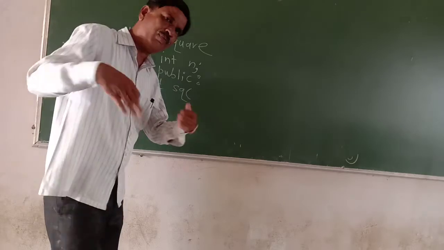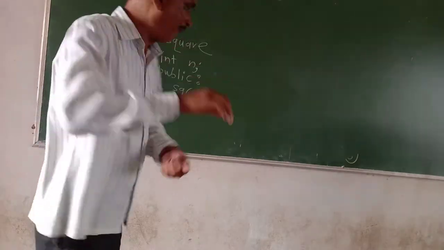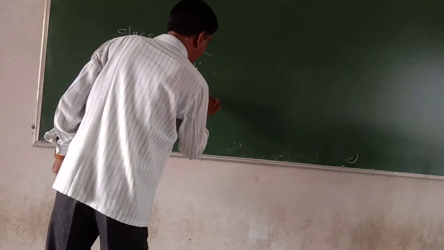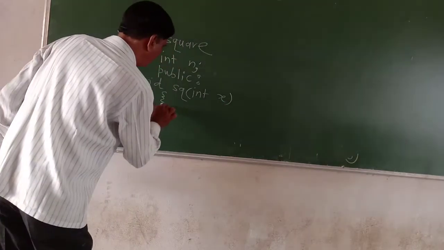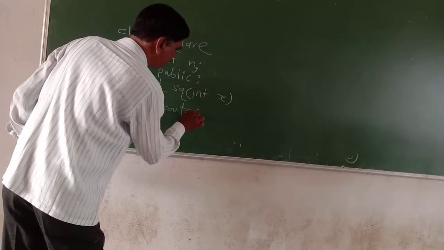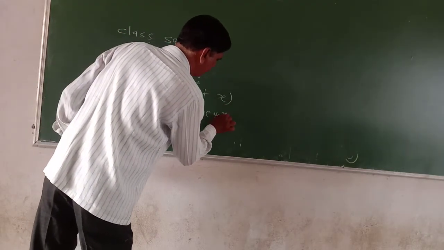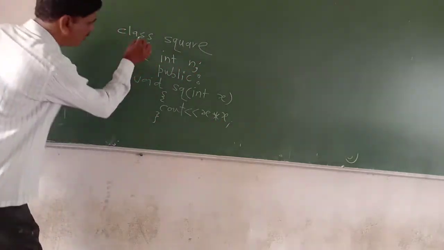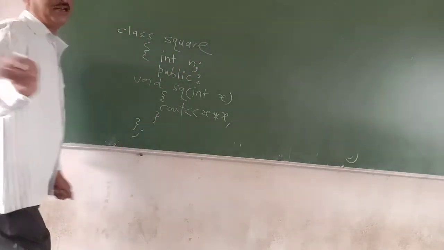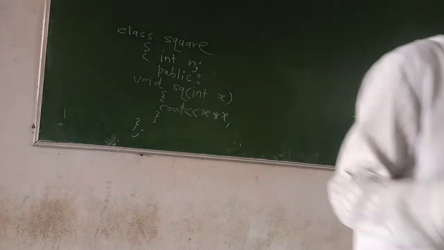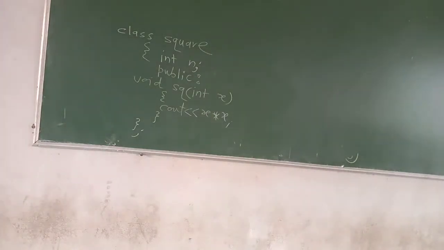This time we will be passing a parameter, integer x, and cout x into x. Function finished, class finished, terminated by semicolon. Now this is the class definition. The class is defined.